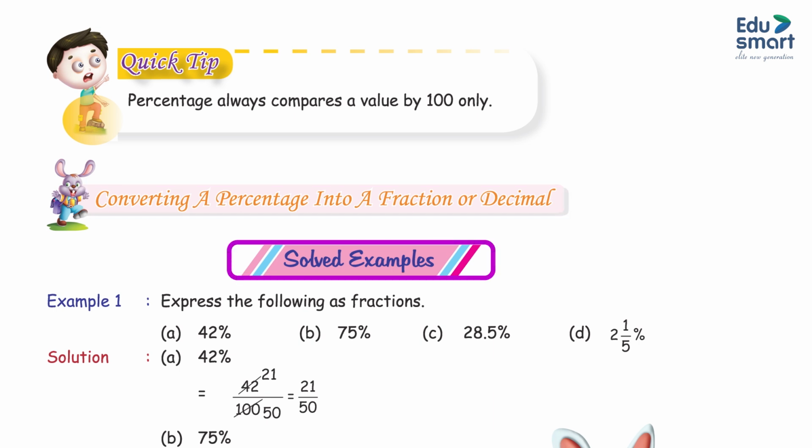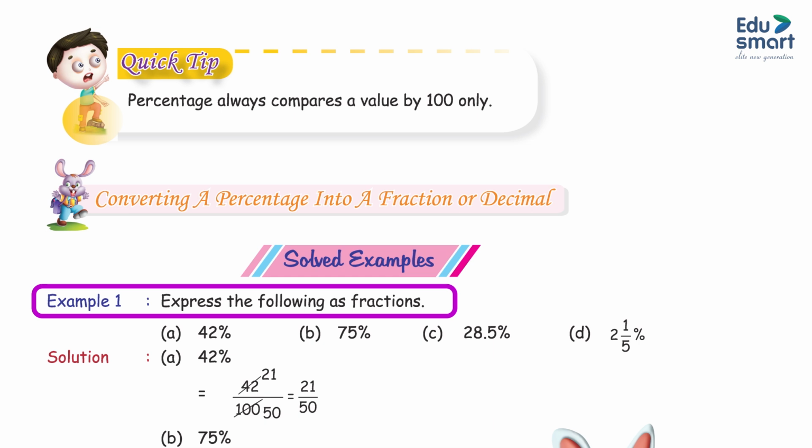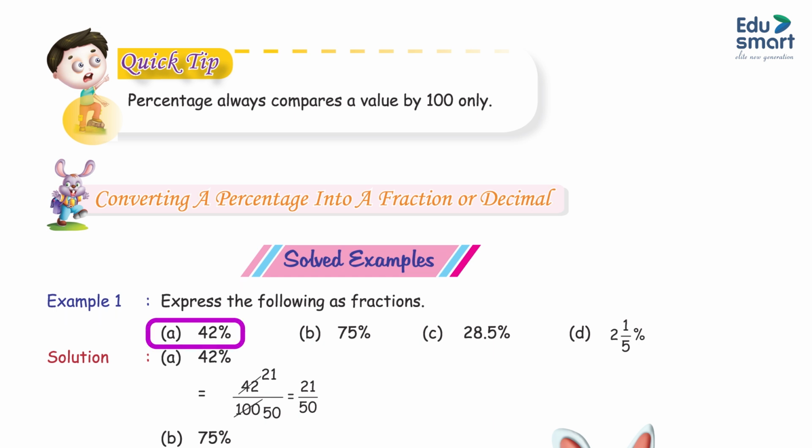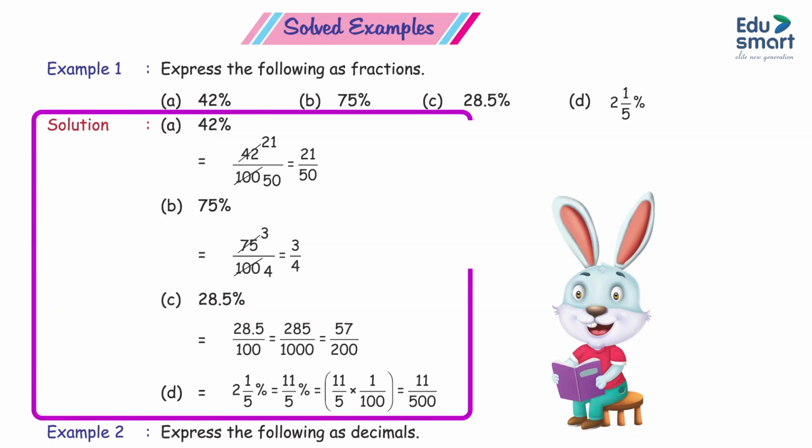Solved example. Example 1. Express the following as fractions: A 42%, B 75%, C 28.5%, D 1/5%. Solution: A 42%. 42 upon 100 is equal to 21 upon 50. B 75%. 75 upon 100, 3 upon 4.